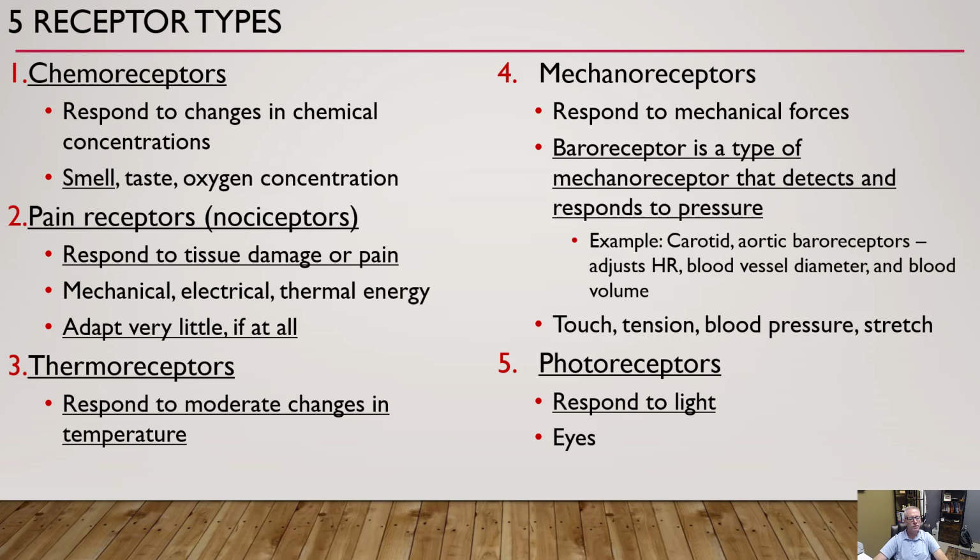All right, so what kind of receptors do we have? We have chemoreceptors, which look at changes in chemicals. We actually smell chemicals, we taste chemicals. Inside of our body, we are looking at our oxygen concentration. Oxygen is a chemical. If we're looking at our thyroid concentration, thyroxine is a chemical. Triiodothyronine is a chemical. Blood glucose level is a chemical.